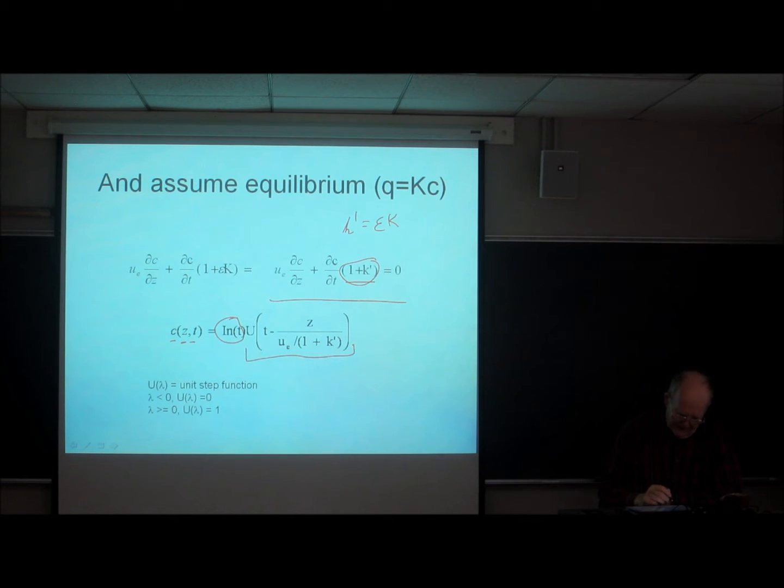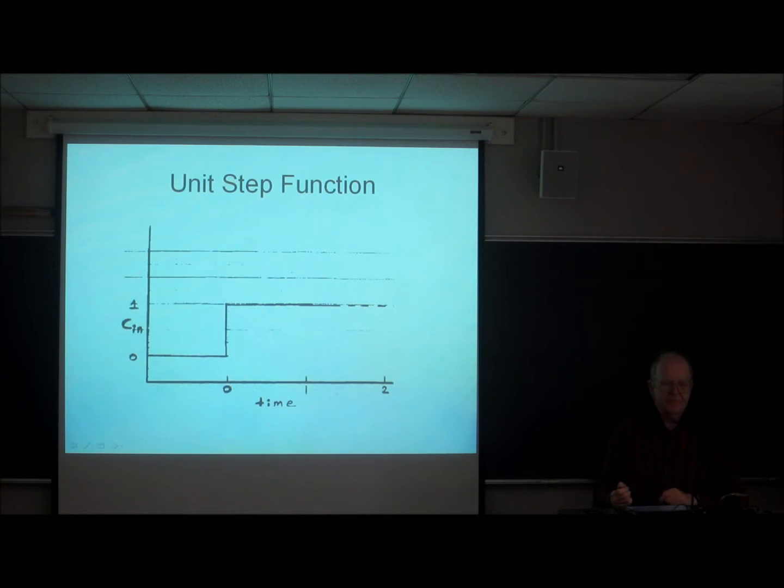So if we plot the unit step function, this is what it looks like. And here's my concentration. Here's time 0. So the unit step is 0, stays there until the argument is greater than 0. It undergoes a step up to 1, a unit step, and then it stays there indefinitely. So that's a unit step function.